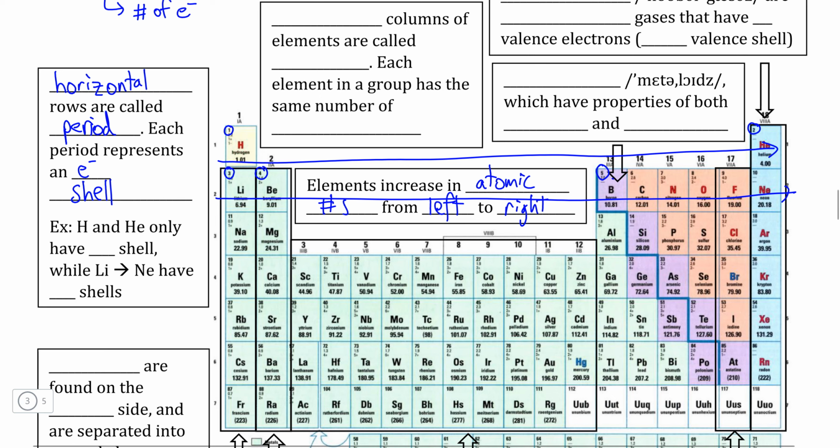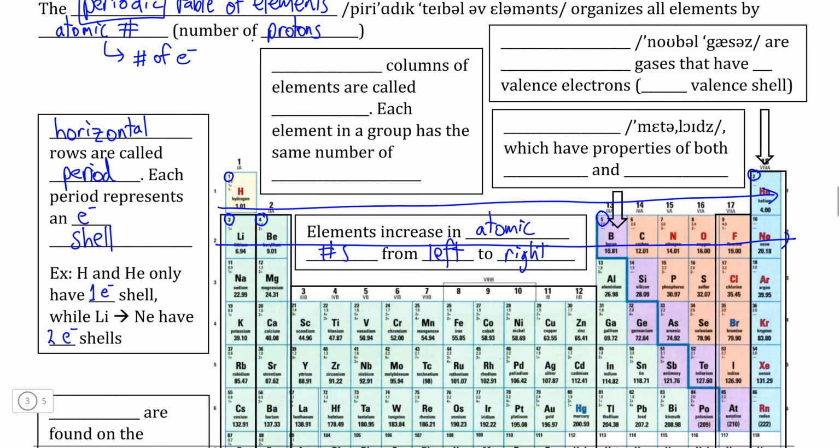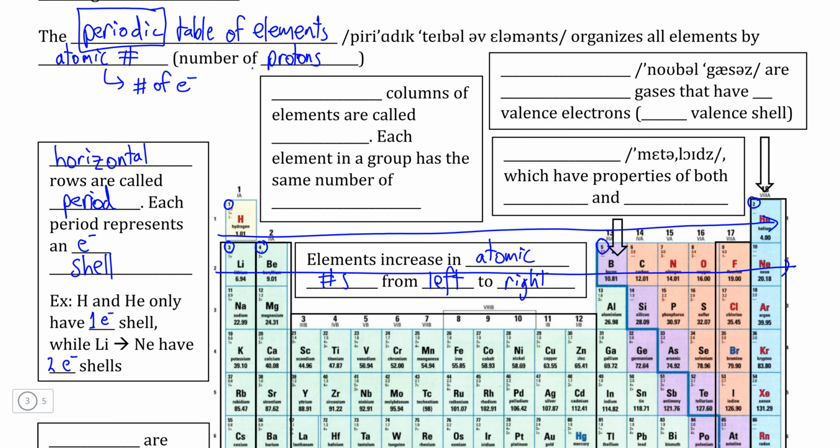So for example, hydrogen and helium are found in the first period, and therefore they only have 1 electron shell, whereas lithium, beryllium, boron, carbon, nitrogen, oxygen, fluorine, and neon in the second period will have 2 electron shells, and this will be explored in the next series of videos where we look at atomic structure in more detail.